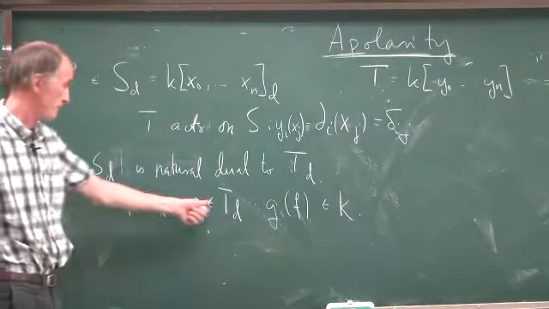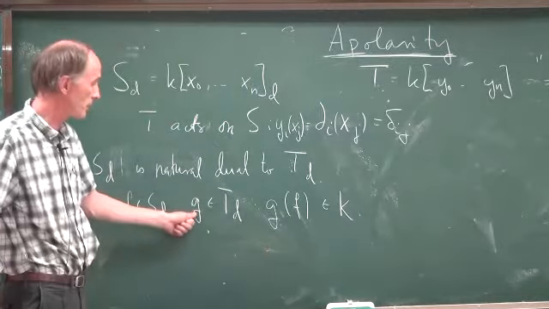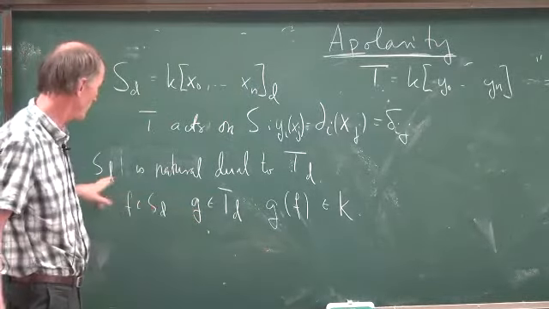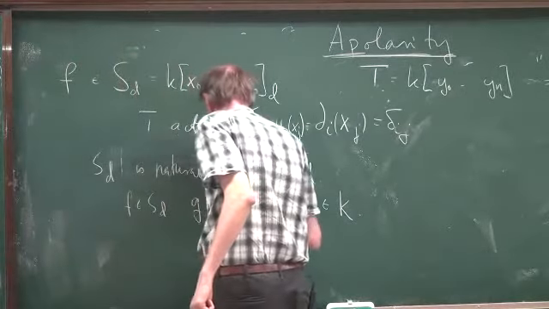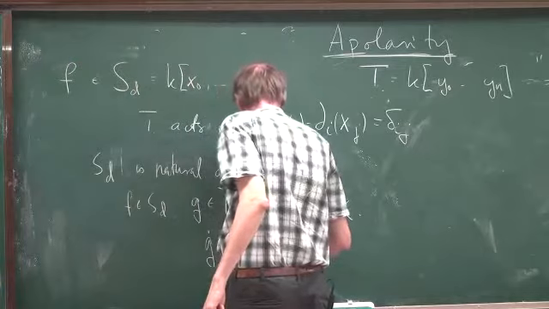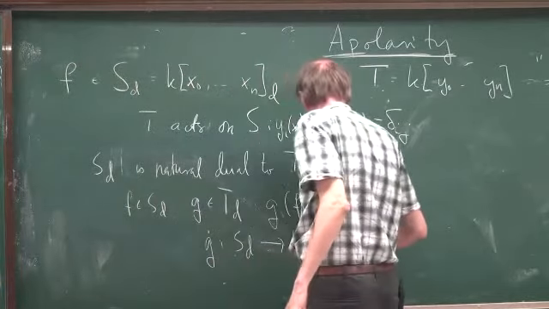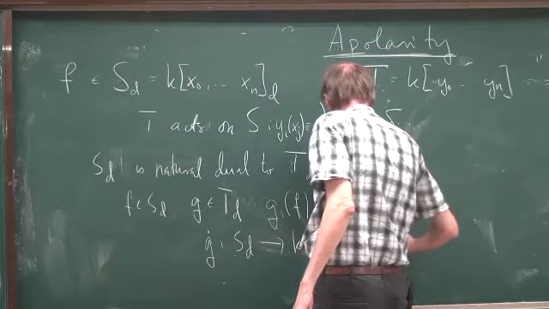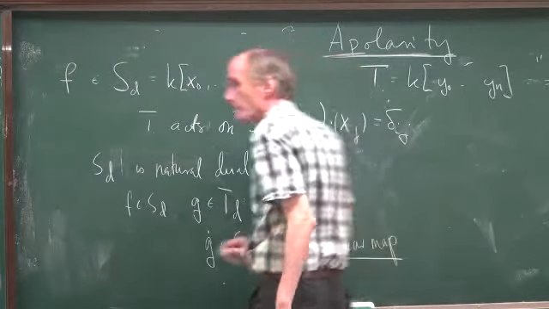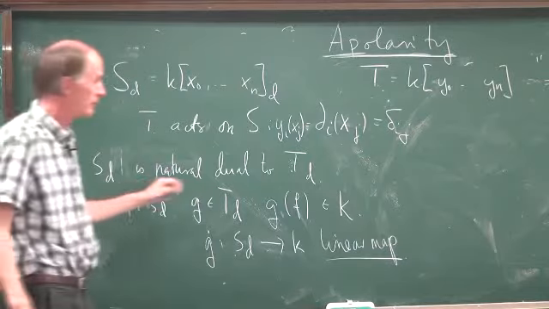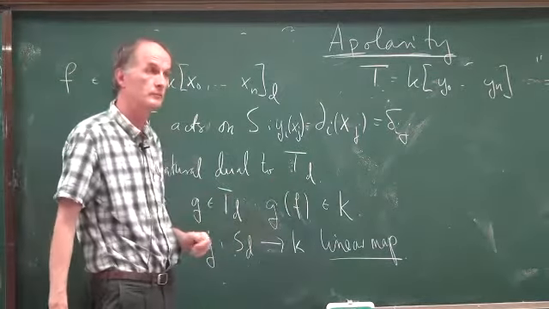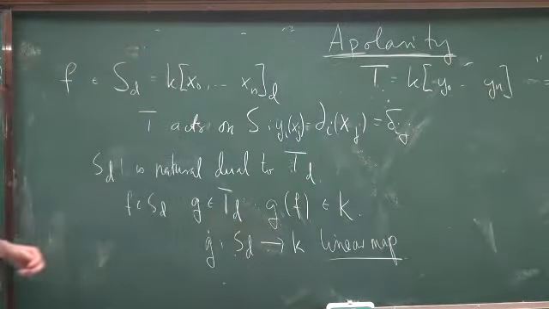Also, G applied to S_D is a linear map. Differentiation is linear in a sense. So therefore these two spaces are natural dual spaces, right?